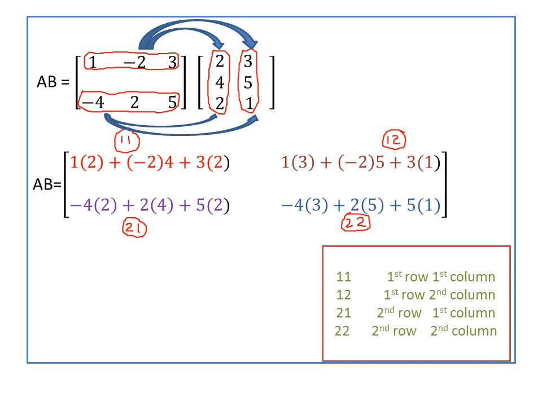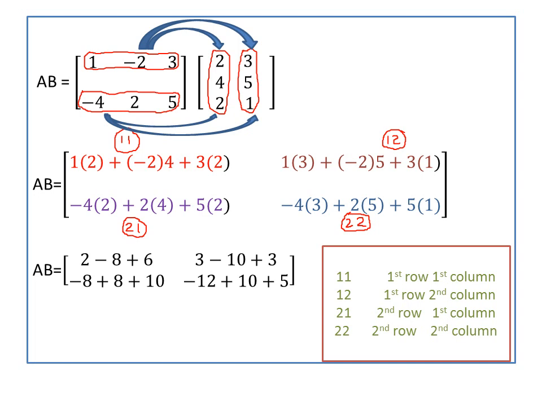By simplifying, we'll get AB as [2 - 8 + 6, 3 - 10 + 3; -8 + 8 + 10, -12 + 10 + 5], which implies AB is equal to [0, -4; 10, 3].